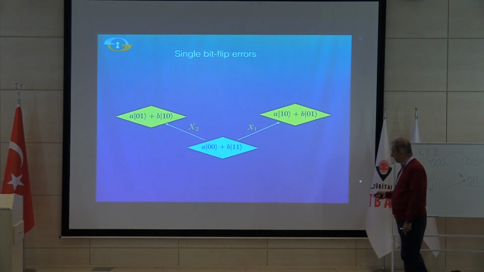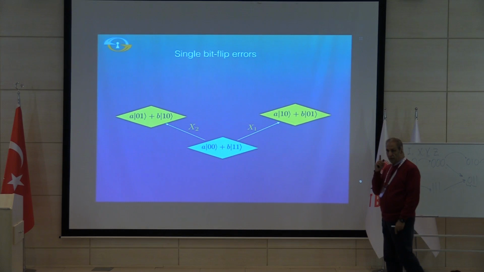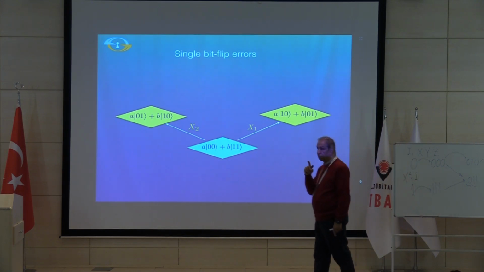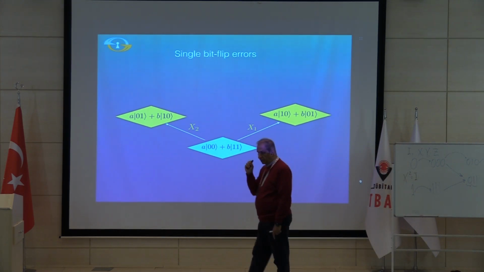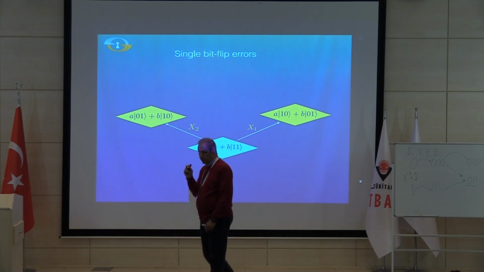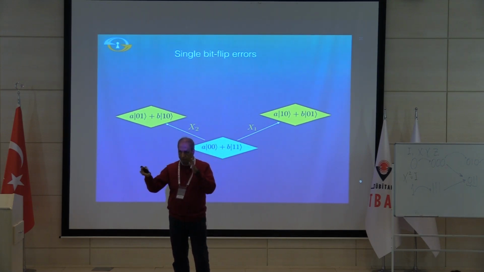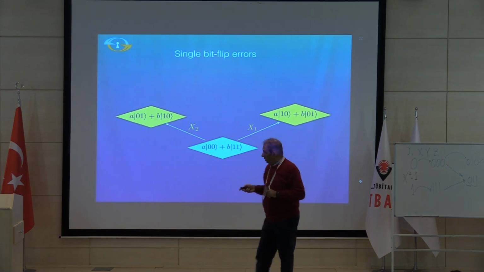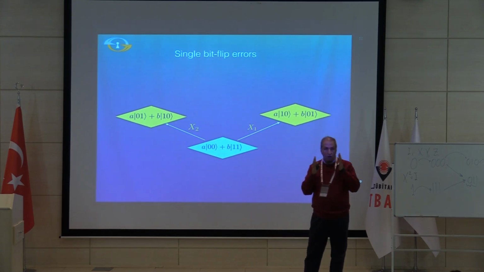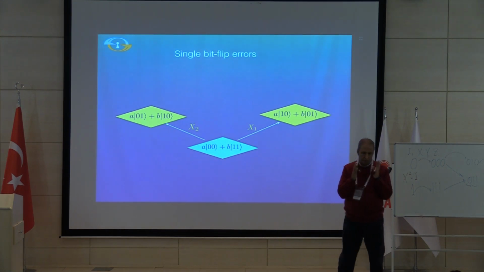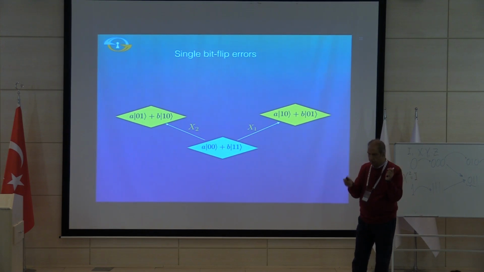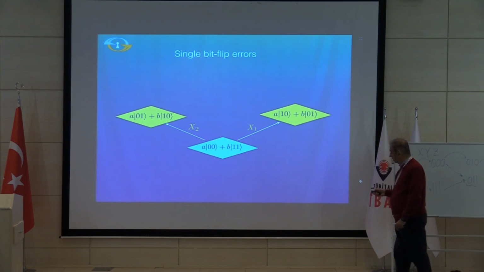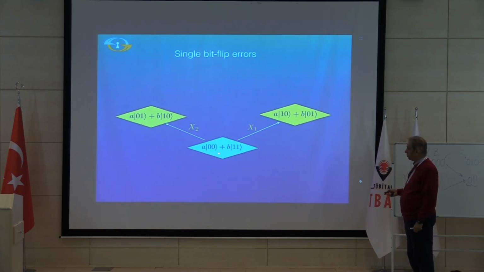Now I'm only concerned about bit errors. Any error-correcting code can deal with a certain number of errors, not all errors in the world. The most common errors. Now suppose that we restrict ourselves only to bit-flip errors, the X errors. Okay? Here is my initial state, A000 plus B111.